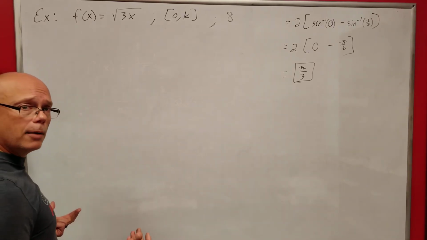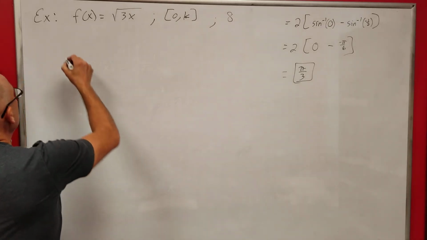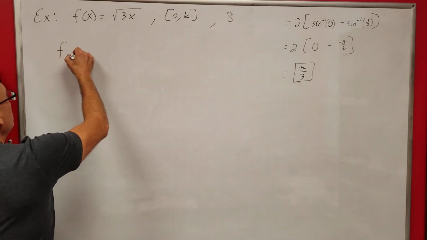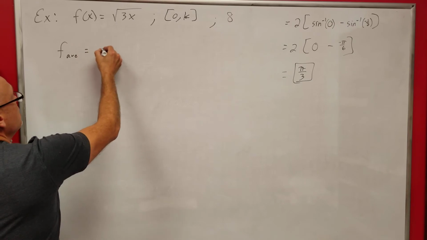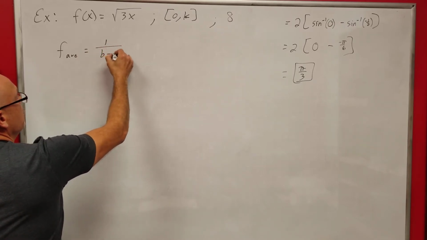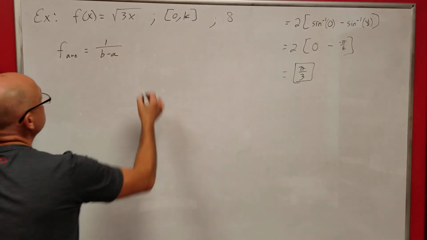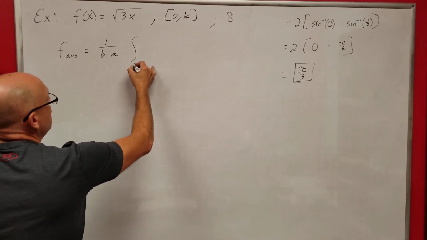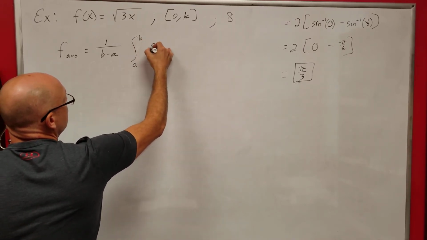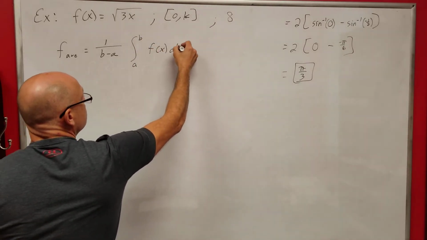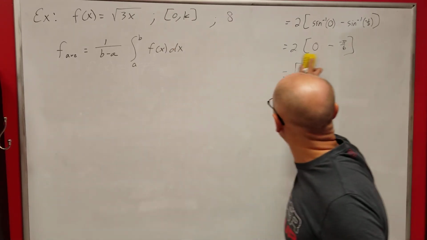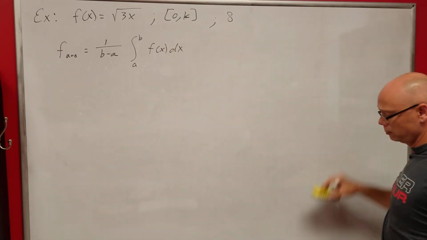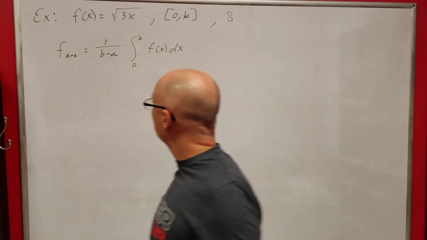So we're dealing with the average value of a function. So what do I write? F ave is equal to 1 over b minus a times the integral from a to b of f of x. It's my formula for the average value. Let's fill in.